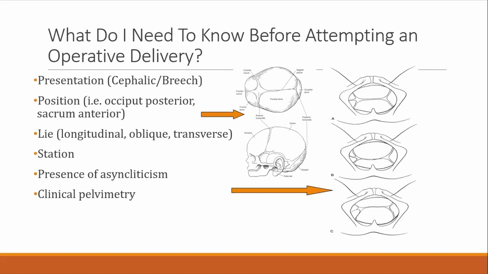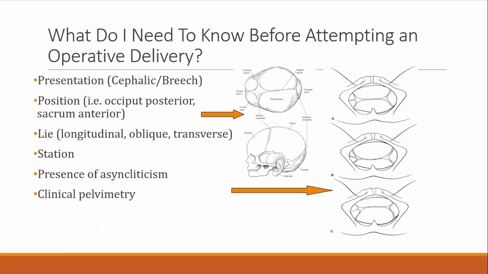We should know the lie, we should know how to assess the station, and we should have clinical knowledge about pelvimetry. With these basic concepts, we can easily detect the best candidates, fulfill all the prerequisites, and achieve 99% success.